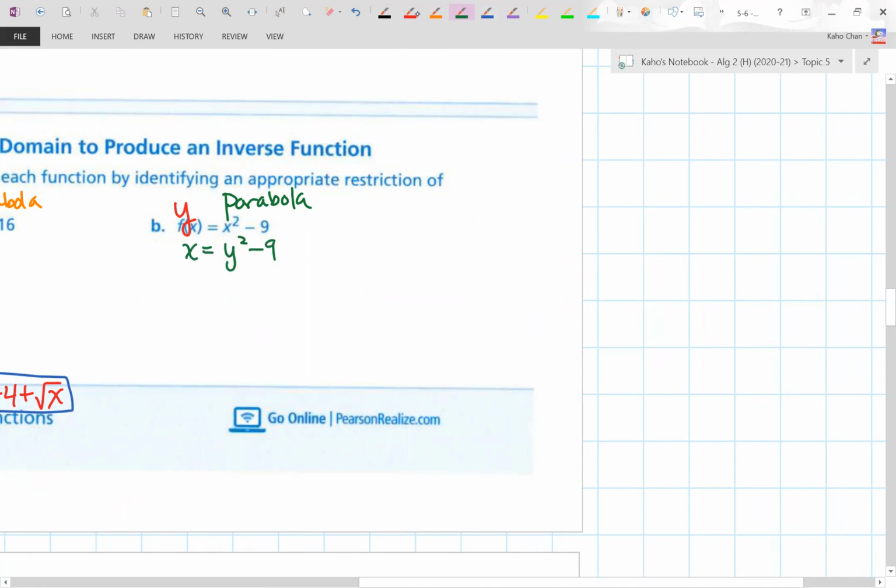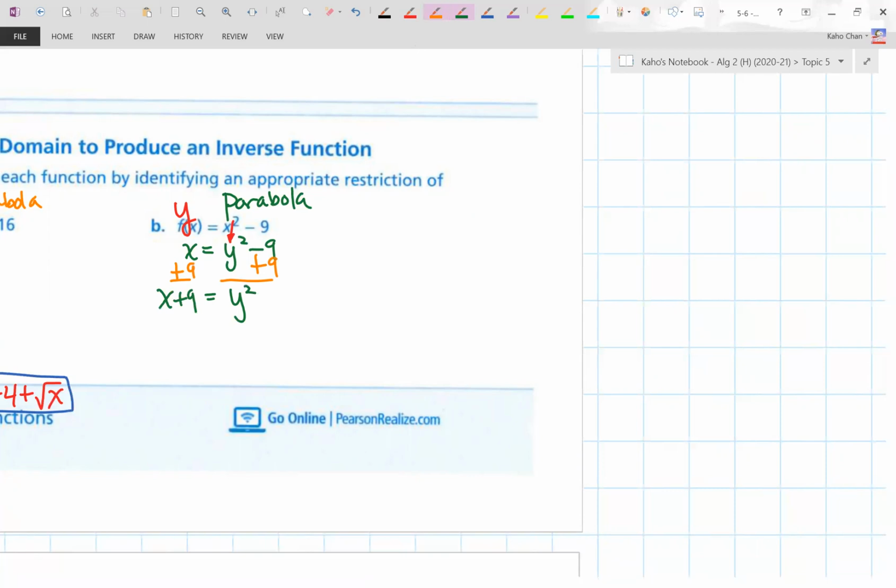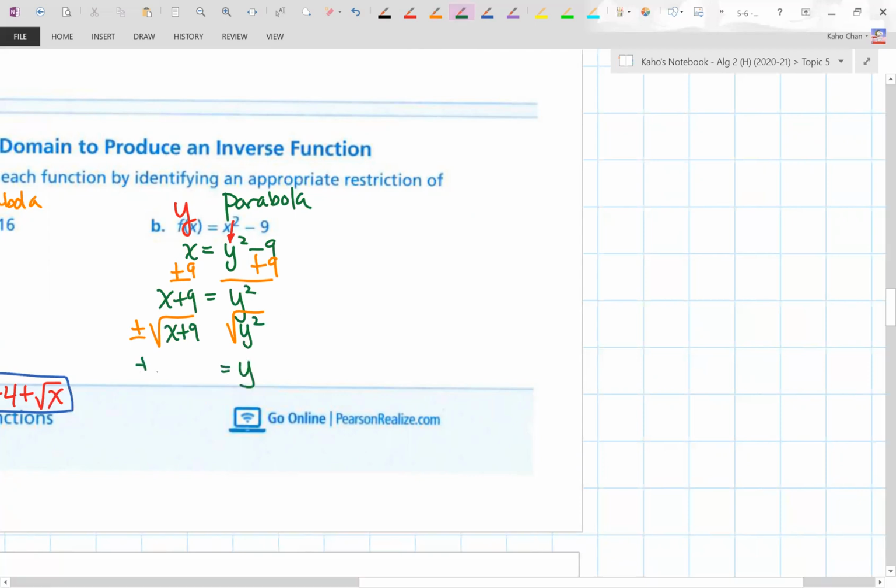And isolate y. Add 9 to both sides. We now have y squared equals x plus 9. And then we need to square root both sides. It does produce a plus or minus again. And our function now is y equals plus or minus the square root of x plus 9.